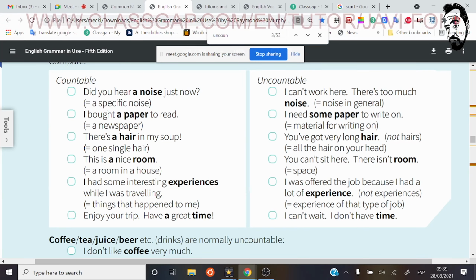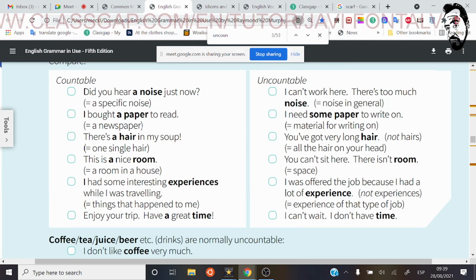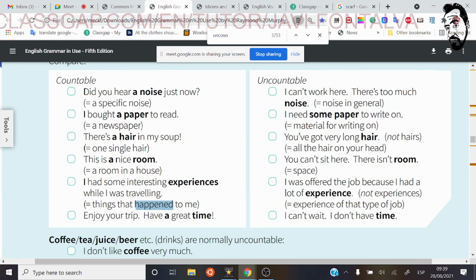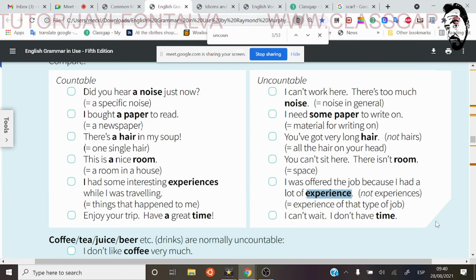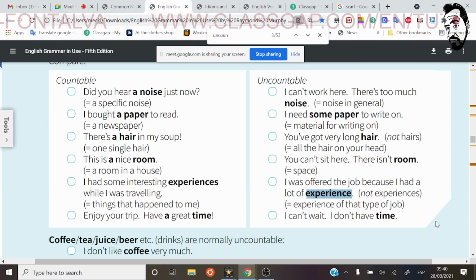When you talk about an experience, you're talking about something that happened to you in the past, for example, a trip. When you talk about experience, we usually mean it's job related. So you can say someone has a lot of experience.